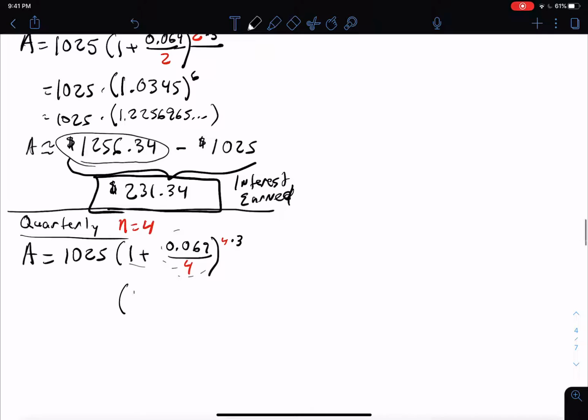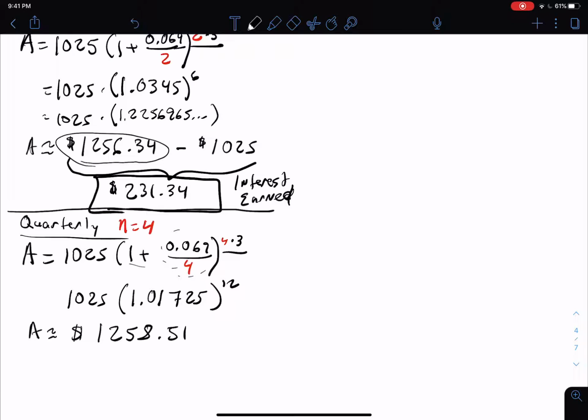And when we do that, that gives us 1.01725. 4 times 3 is the 12th power. So we now need to raise it to the 12th power and then multiply it by 1,025. And that'll give us our approximate accumulated value, which is $1,258.51. But remember, they weren't asking for the accumulated amount.